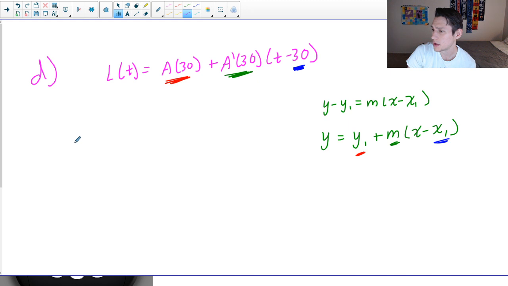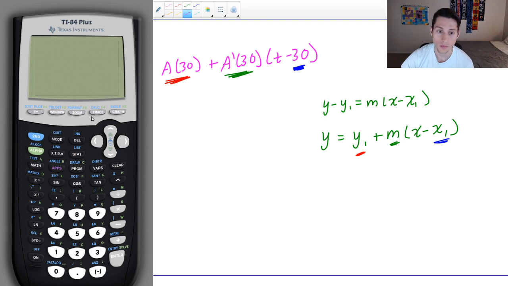Okay. So I do need to figure out a prime of 30 and a of 30. So that's right. Let's go to the calculator. Okay, turn it on.